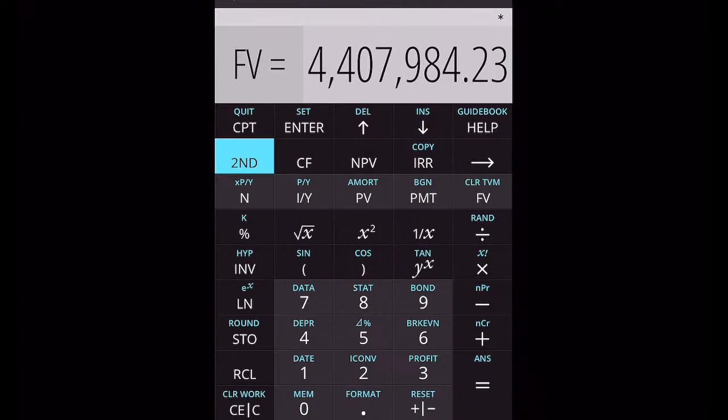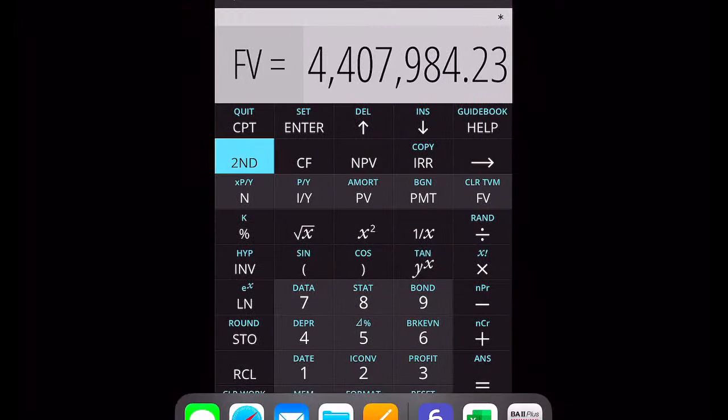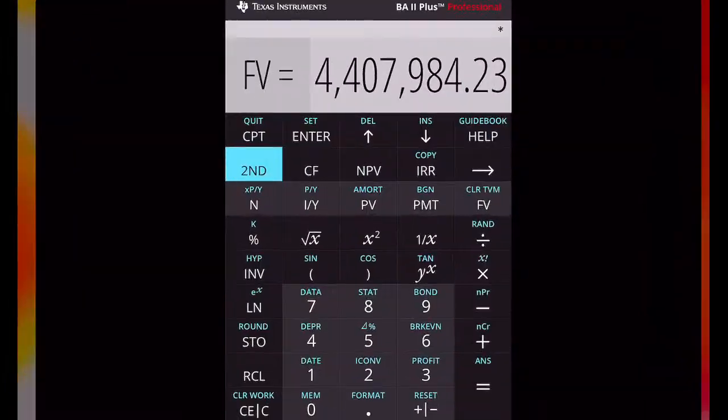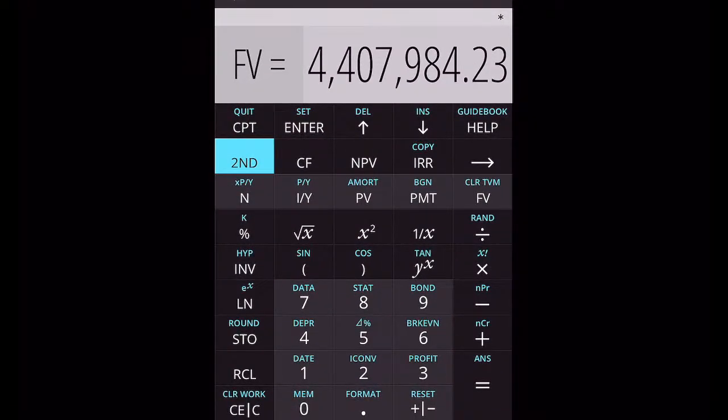So there it is, 4,407,984.23. I've got to go back. 4,407,984.